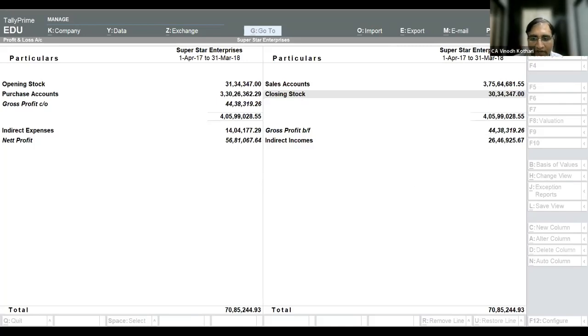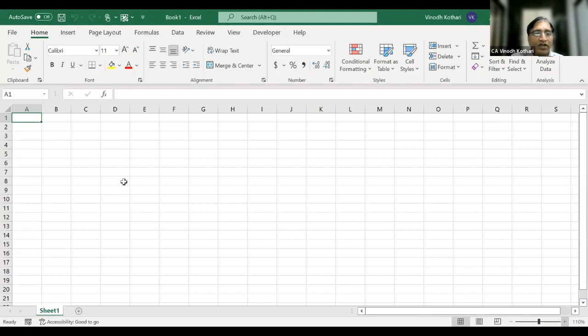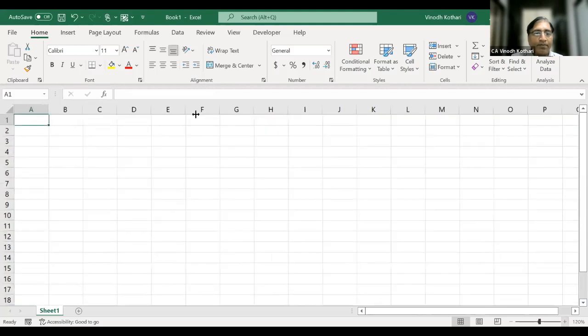Just a second, I'll share one Excel file and show you so that you will understand better. We were talking about one product. Say I am buying a laptop.